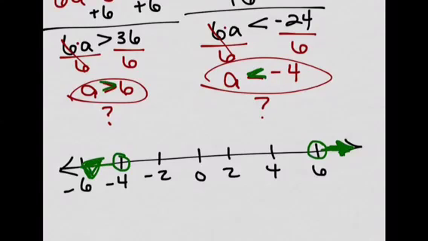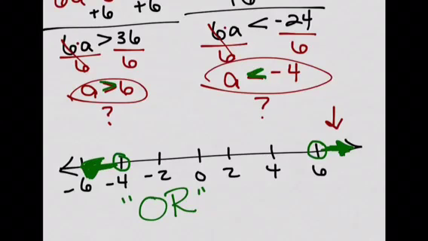Okay, there's my nice little arrow. And I'm looking for negative 5, negative 6, all those numbers that way. So this actually ends up being an OR compound inequality. Okay, I can pick values on this side on the right that will make it true, or I could pick values on this side, the left, that will also make it true.